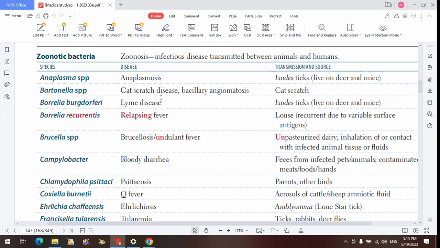The cat makes a scratch on the person's skin, and can inoculate Bartonella species, particularly Bartonella henselae, which majorly causes cat scratch. Bartonella gets into the skin, then it can cause erythema of that area, a lesion, and even lymphadenopathy of the nearby draining lymph node.